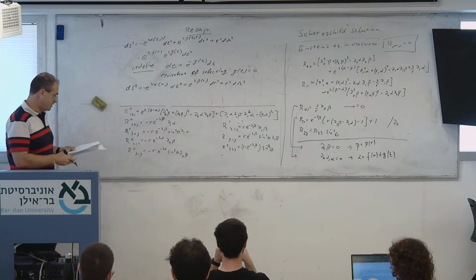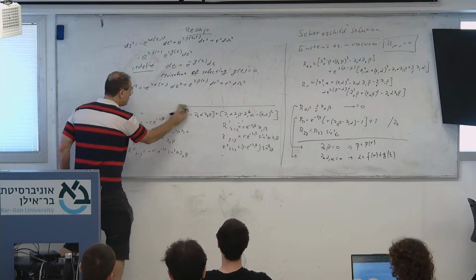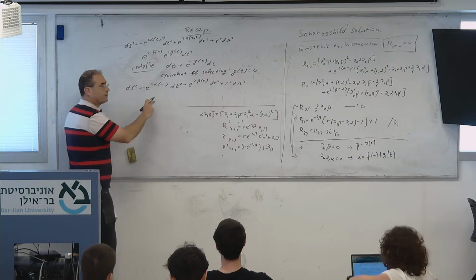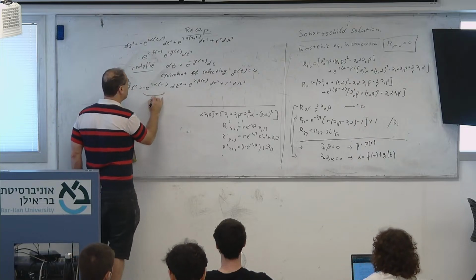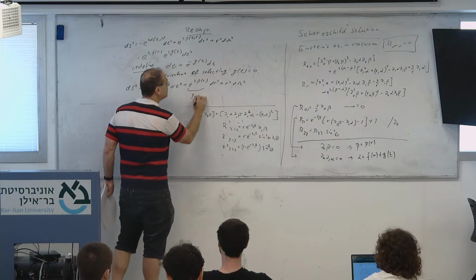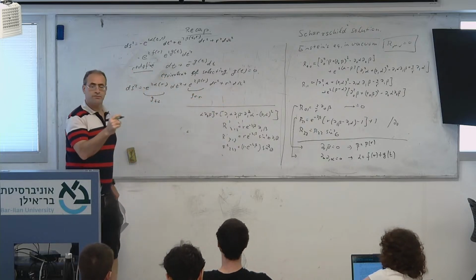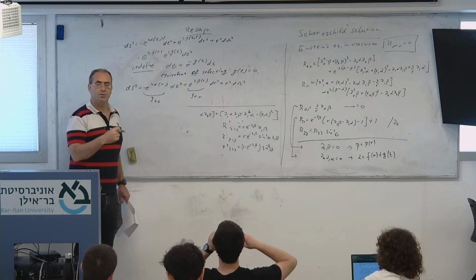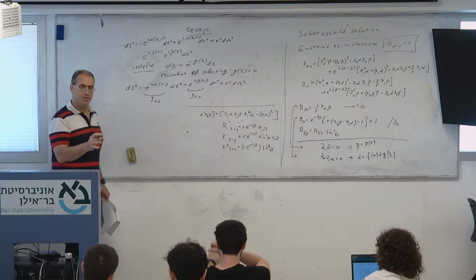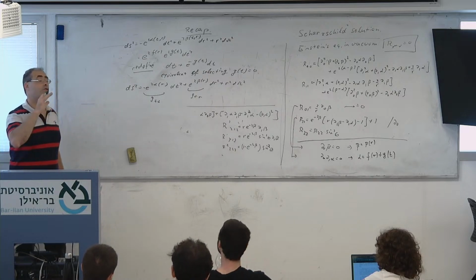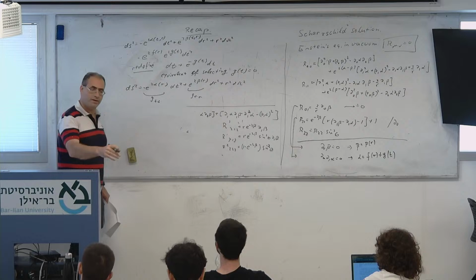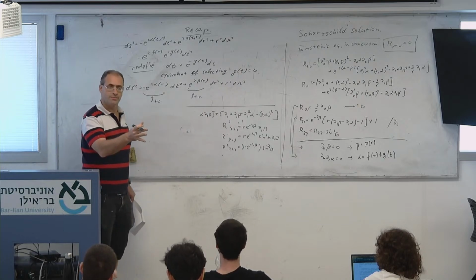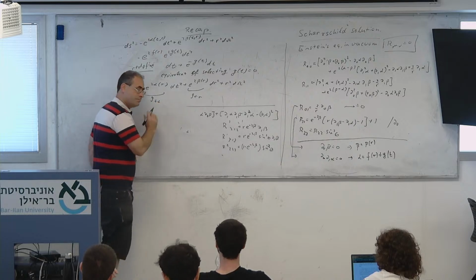Could you repeat that? Yes, again. We found out that none of the components of the metric, this is g_tt, this is g_rr, depend on the coordinate t, which means that t is an isometry. We said if none of the components of the metric depend on a certain coordinate, then there is a Killing vector in the direction of this coordinate. We said that last time.